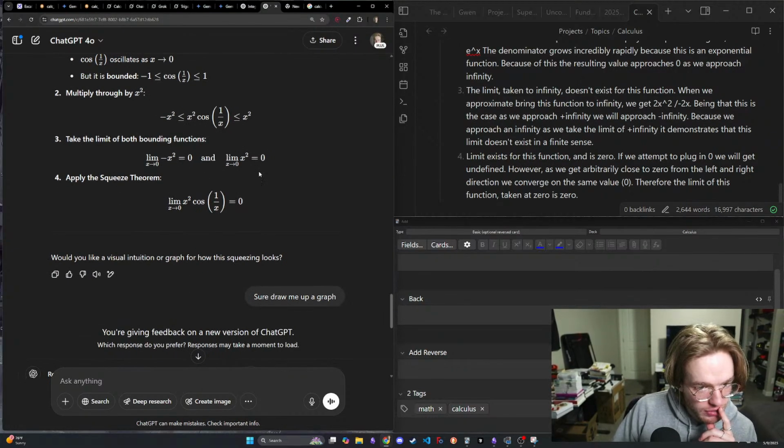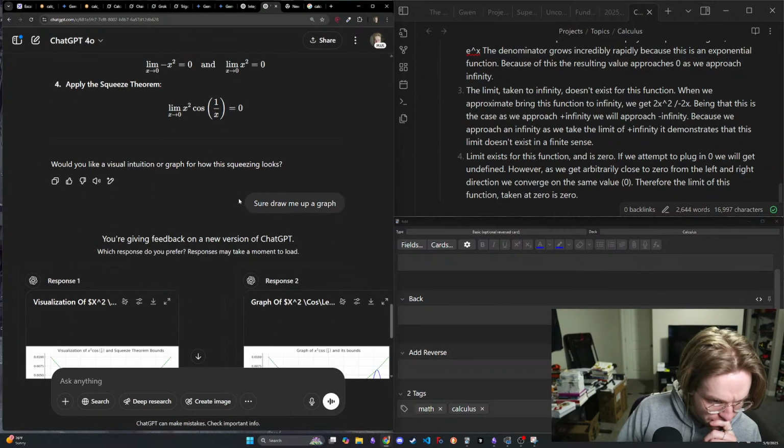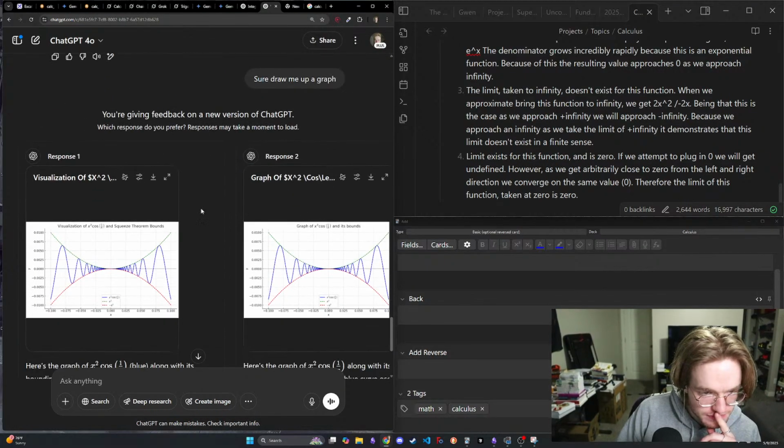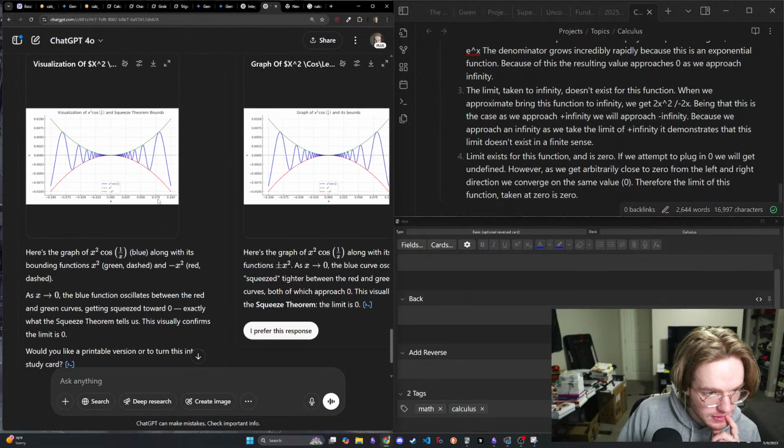Take the limit of both bounding functions. Apply the squeeze theorem. Okay, that's cool.